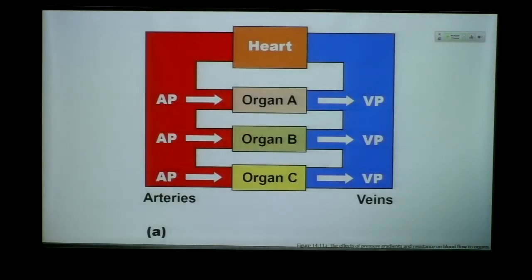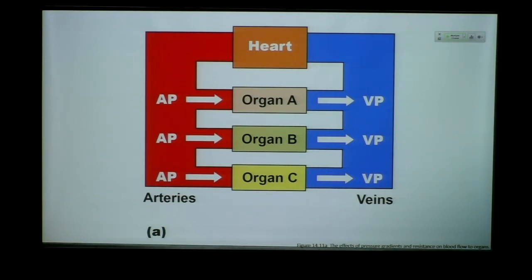All right, so let's look at a bit of an example here. We have the heart, and we have 3 different organ systems, and we know this side represents our cardiac output, how much blood is going to these organs. What we want to understand here is that the amount of blood flowing to organ A, let's say, is 1/3 of the circulation, organ B gets 1/3 and organ C gets 1/3.